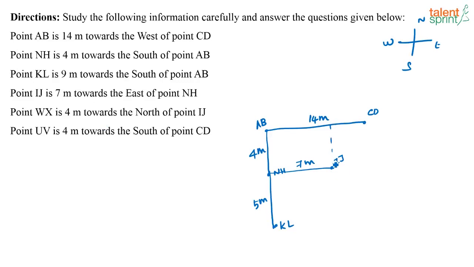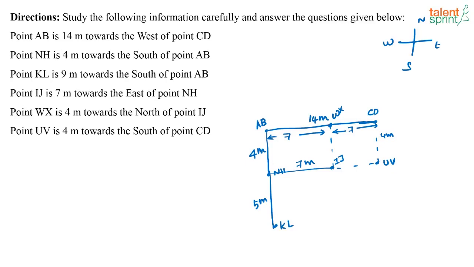So point WX has to be here, right? My diagram is not up to scale, so this is actually 7, and this is also 7, because I know the full length is 14. Point UV is 4 meters towards the south of point CD. So 4 meters here, this has to be point UV. So this is your diagram.